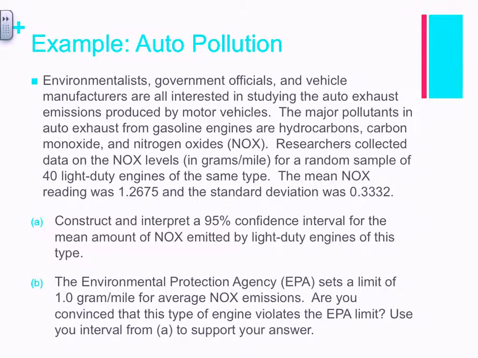Researchers collected data on the nitrogen oxide levels for a random sample of 40 light-duty engines of the same type. The mean NOx reading was 1.2675 and the standard deviation was 0.3332. Construct and interpret a 95% confidence interval. And then we'll talk about part B. We'll go back to that.